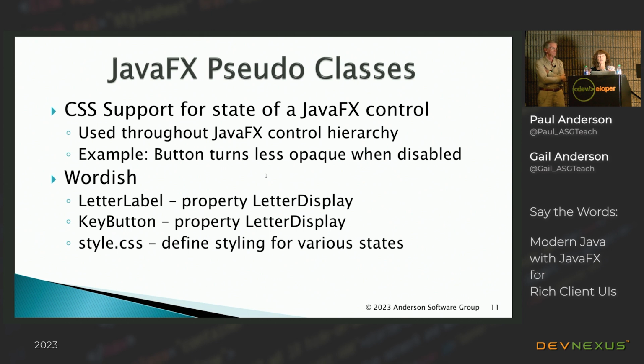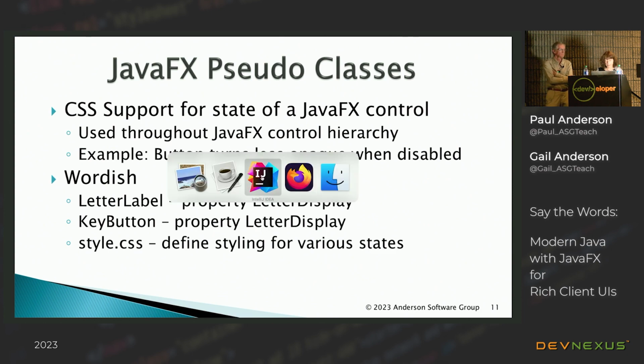So under the hood, if you have a button, for example, and you say, okay, I want to disable it, the code is set disable true. But under the hood, what happens is the button becomes grayed out or less opaque, as Paul said. I don't have code in my application that says make it less opaque. I simply disable it, and the opaque part happens because of the pseudo classes. So we use the same concept.